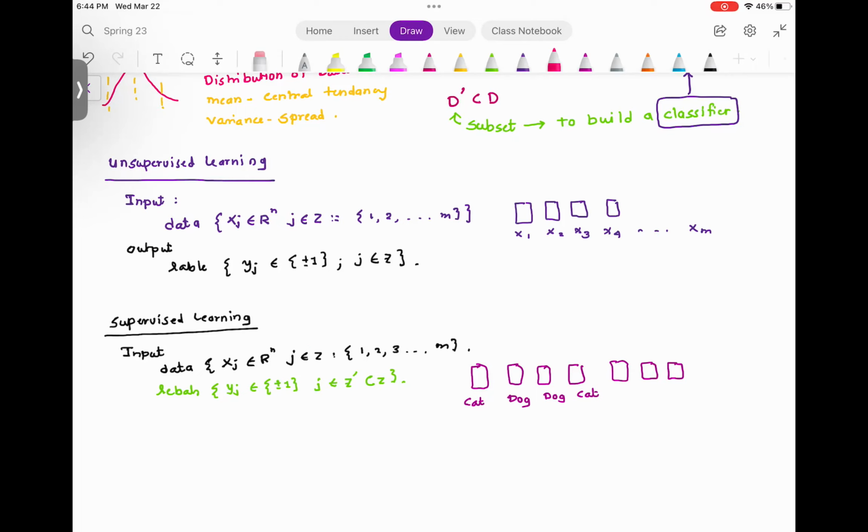So at the end, what you want is an output of the algorithm, such as you have labels. These y_j's are plus or minus 1 and j's belong to C. And again, we have the labels for this data set, and this data set, which is part of the original data set, is missing labels.